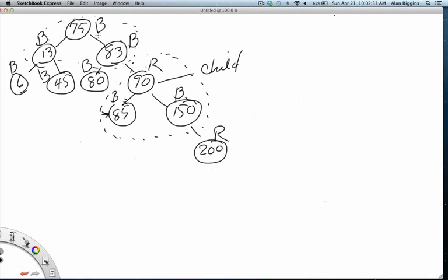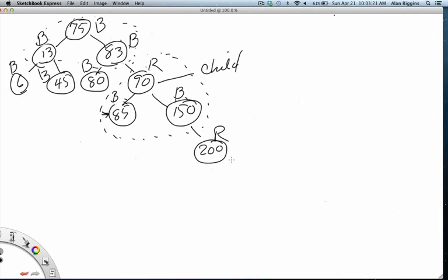We have 3 blacks each direction from root to leaf. 6 is a leaf node. The 6 back to the 75 we have 3 blacks. The 45 back to the 75 we have 3 blacks. The 80 back to the 75 we have 3 blacks. The 85 back to the 75 we have 3 blacks. The 200 back to the 75 we have 3 blacks.